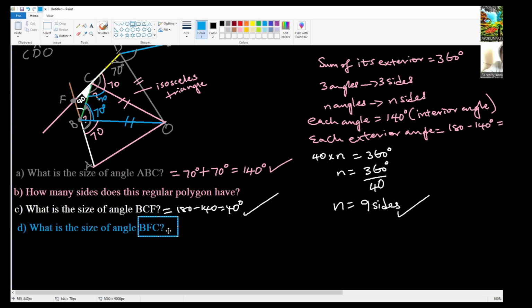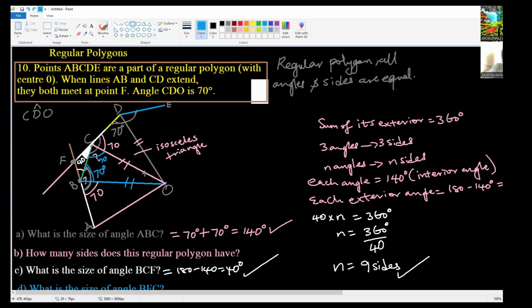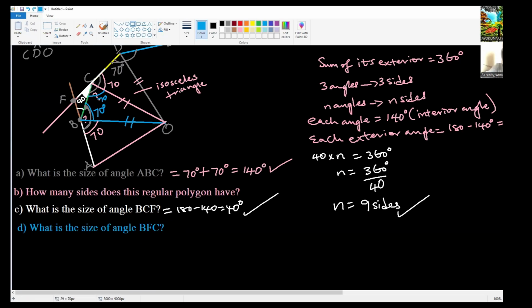So which angle particularly are we finding? Because these are 3 angles. In this BFC, we have angle B, angle F, angle C. So which angle are we looking for? BFC. No, angle F. That's what we're looking for, okay? You will locate triangle BFC, then try to find angle F. Is that clear? Okay.